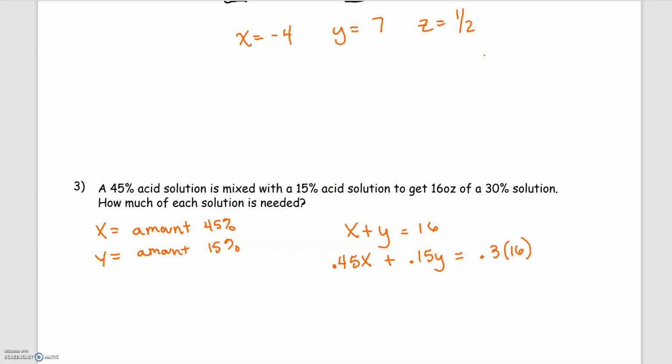And so when we put this into a matrix, we have 1, 1, 16. We have 0.45, 0.15, and then 0.3 times 16 is 4.8.